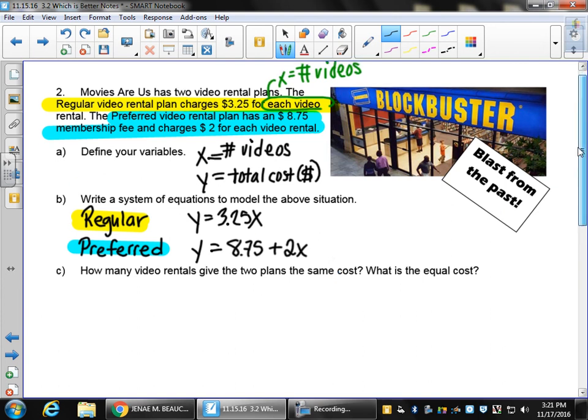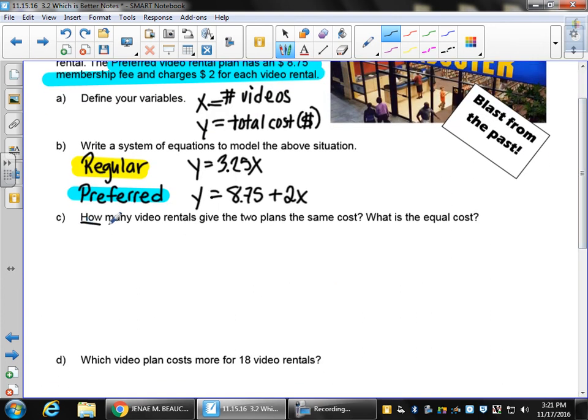We've got our system. We're ready to solve. How many video rentals give the two plans the same cost? There's two parts to this question. So how many video rentals give the same cost? And then what is the equal cost? So let's first figure out when they're the same.